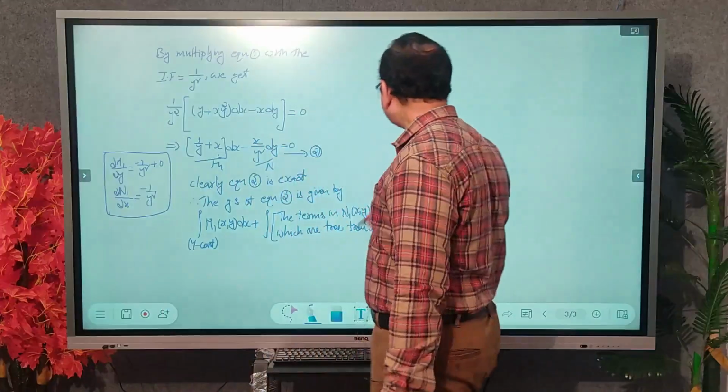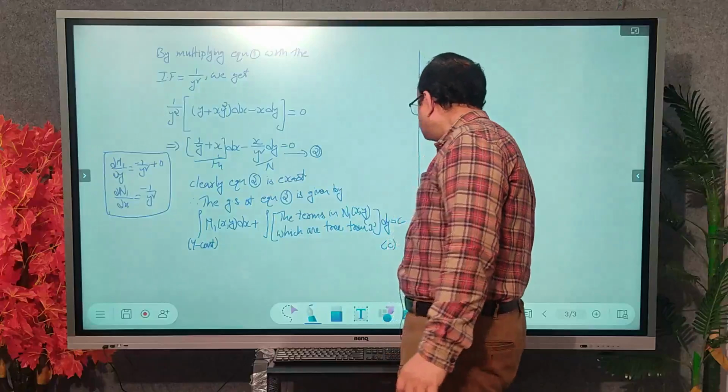Now by using this formula we can find out the general solution.